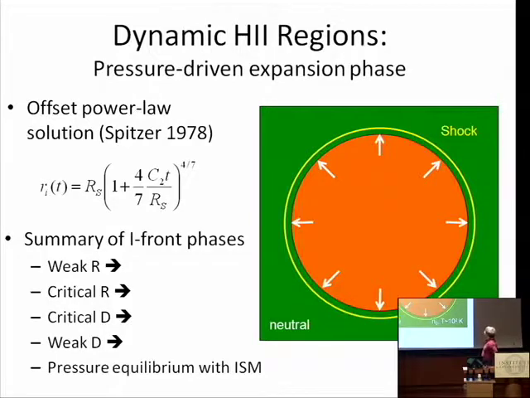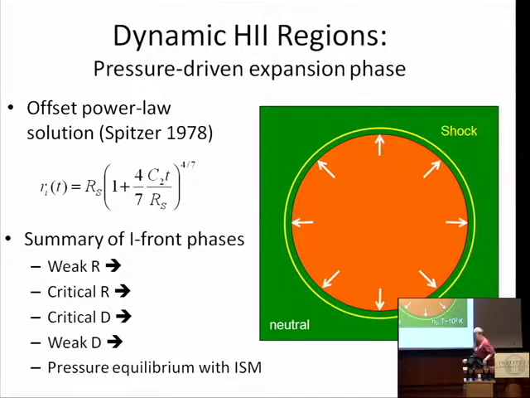So to complete the story of what happens in dynamic H2 regions, you get a pressure-driven expansion phase, and so now it's kind of like a stellar wind, and you can derive an asymptotic solution for R versus T, which is written here. The radius of the I front expands as time to the 4/7.